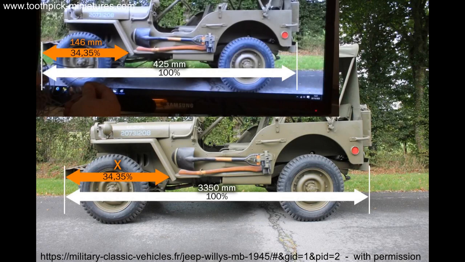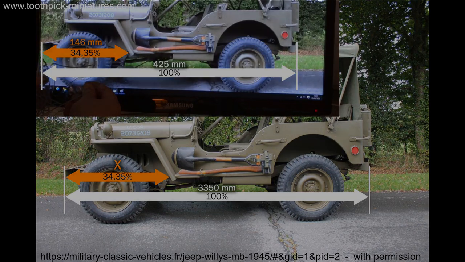Because the picture of the original vehicle is at an unknown scale, we have to find a way to figure out that scale so that we can use the measurements. The first segment we measured represents 34.35% of the total length on that picture. On the original vehicle, the length of the same segment would represent the same percentage of the total length.